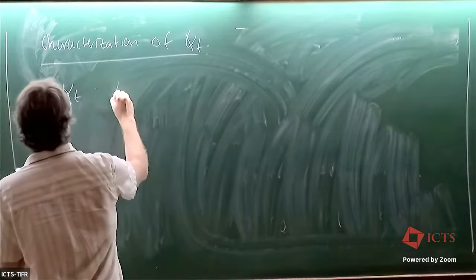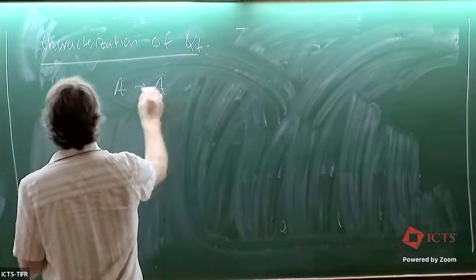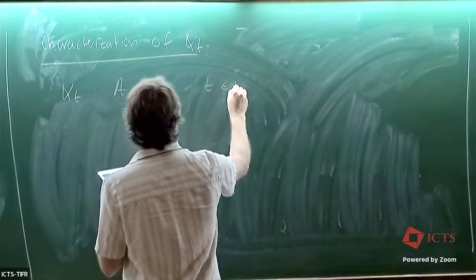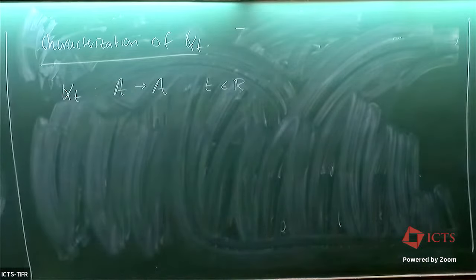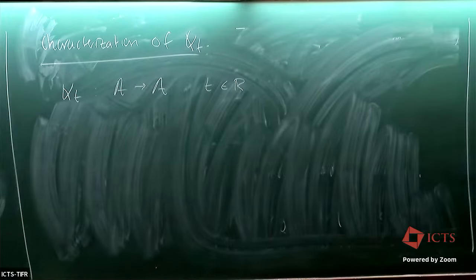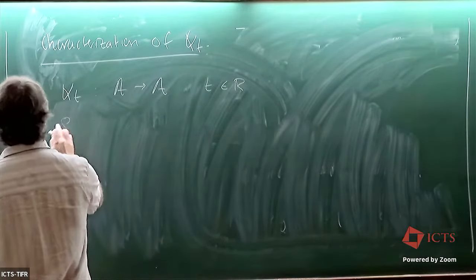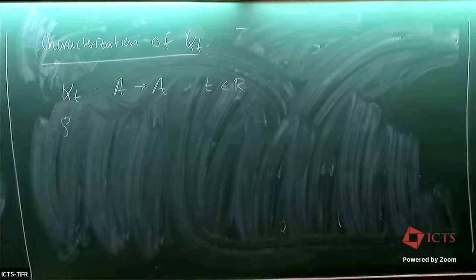If you have one of these, this alpha t that maps A to A, a one parameter family labeled by this t in R, and it satisfies the following properties for my state, I can state these properties without reference to the purification.